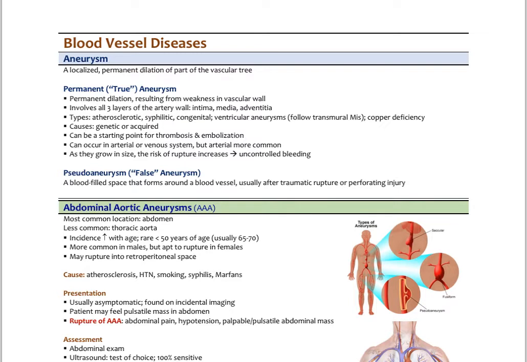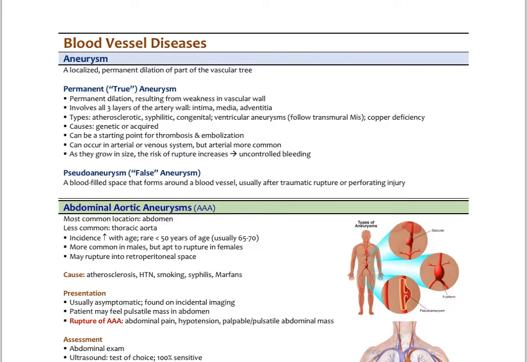The next arterial disease I want to talk about here would be aneurysms, and these are localized permanent dilations of part of the vascular tree, most common in arteries. A permanent or true aneurysm is a permanent dilation, and that results from a weakness in the muscle wall. So usually it's in the smooth muscle layer, there's a weakness there.